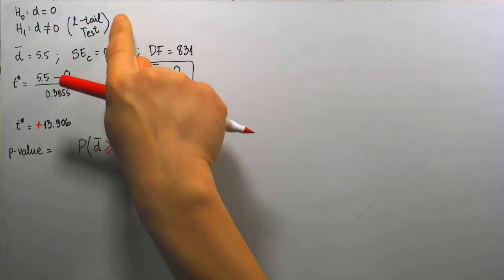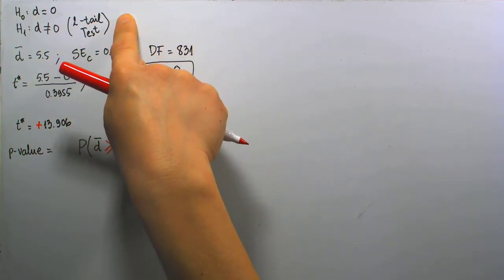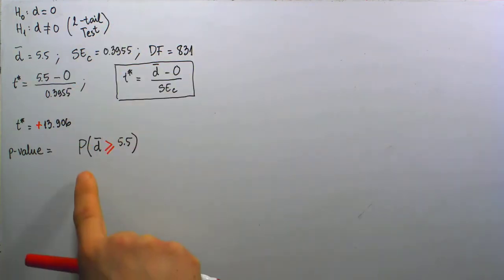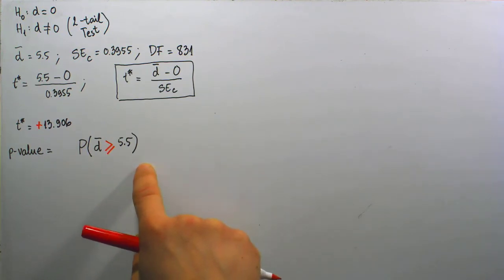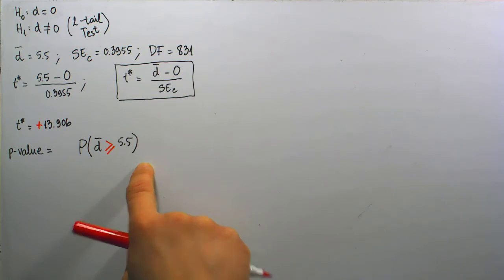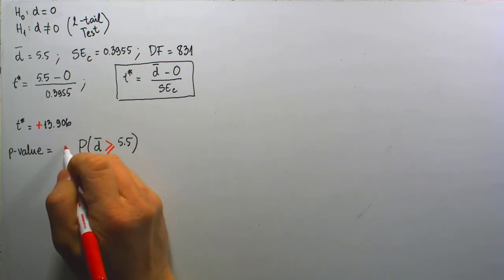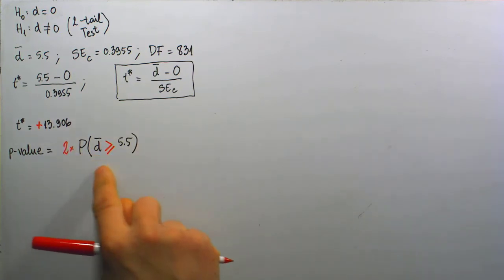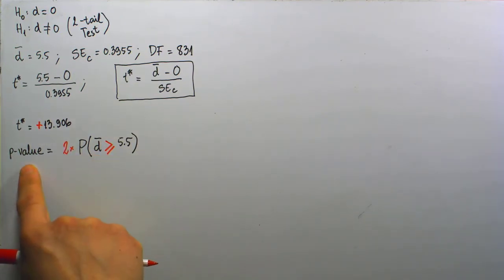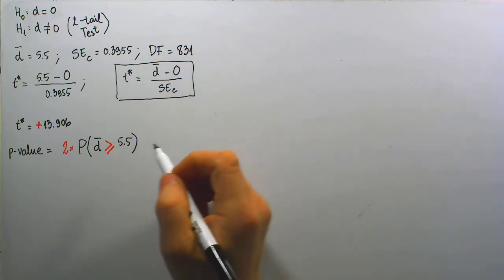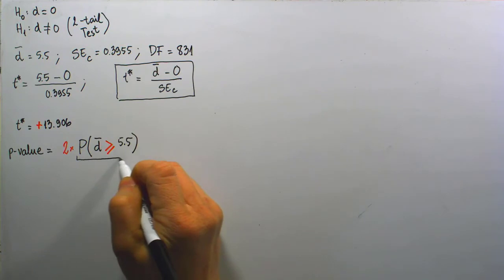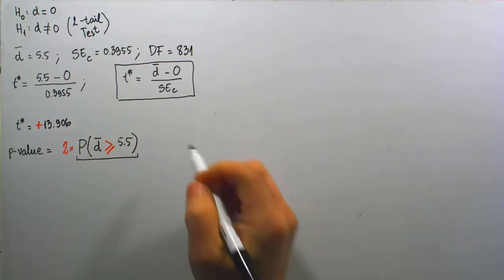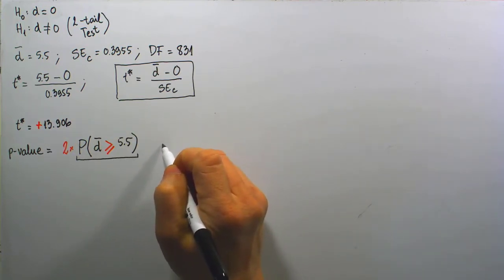As I have addressed, our test here is a two-tail test, but this probability calculation is only a right tail probability calculation. So we need to multiply this overall probability by 2 in order to get our final p-value. We can think of this right tail probability as an area on the bell curve.